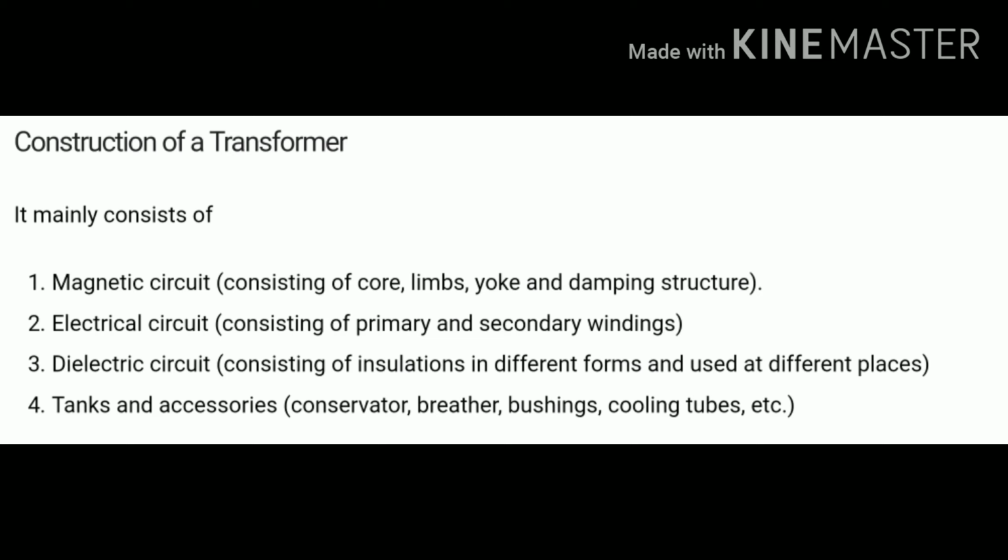In the electrical circuit, we have primary and secondary winding. The primary is the input winding and the secondary winding is the load winding, because in the secondary winding we connect the load, but in the primary winding we provide the supply.